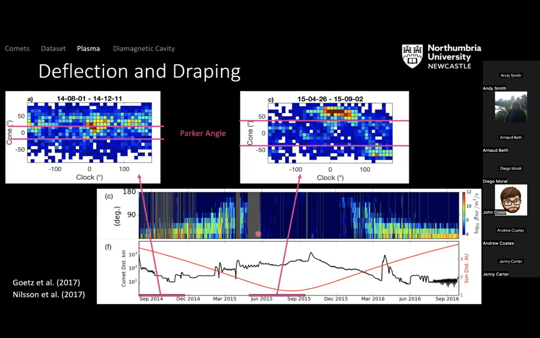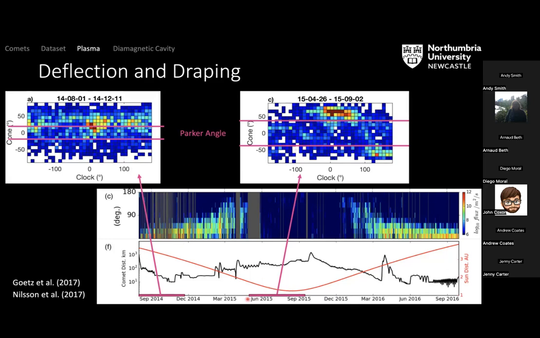And then based on this, we can also talk a little bit about the field draping. If we look at the low activity case where we have almost no deflection, what we observe is that the magnetic field of the comet mostly is in the direction of the Parker angle, as we would expect for an undisturbed solar wind.